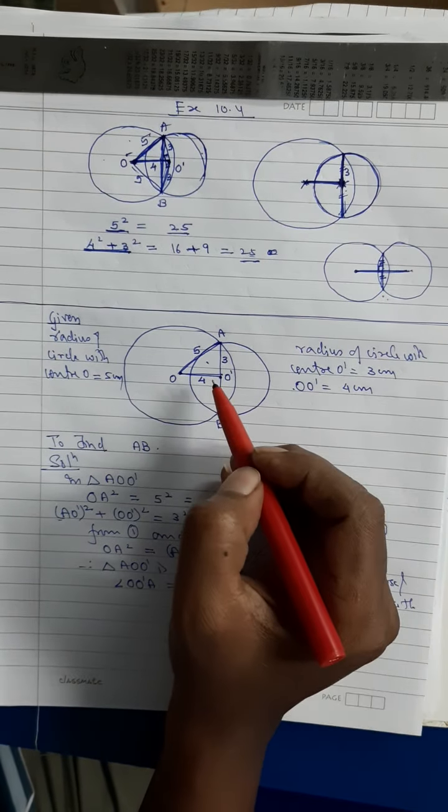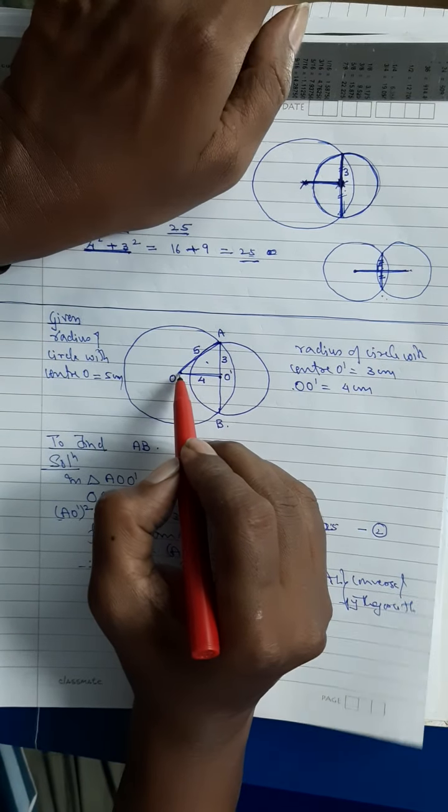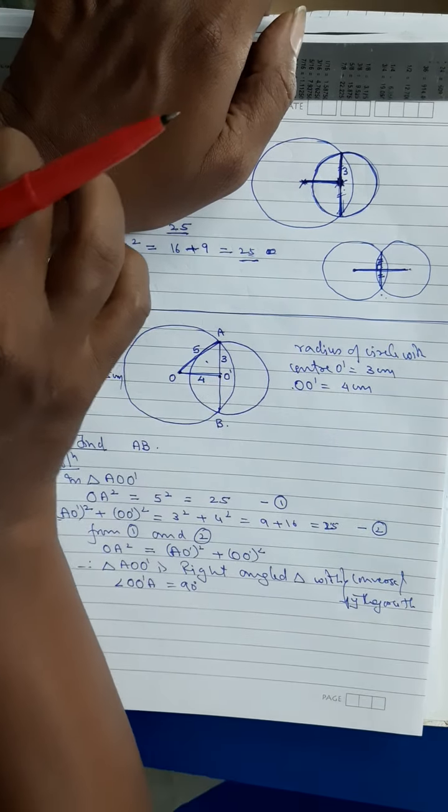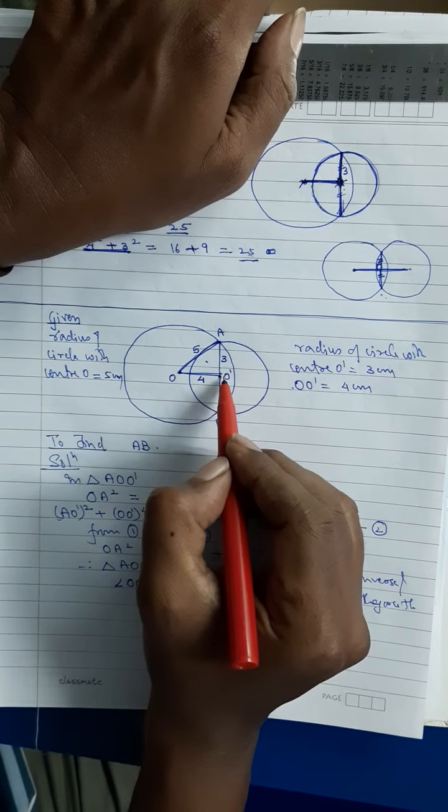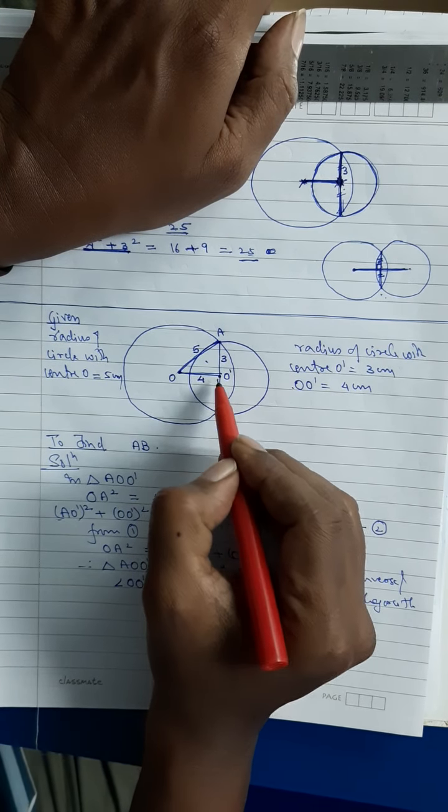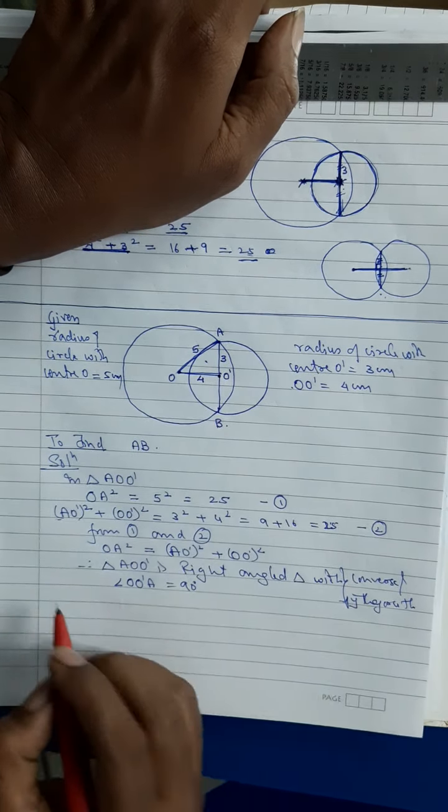Now we know that the segment joining the centers of the circle is perpendicular to the common chord. Therefore, O dash has to lie on the common chord.